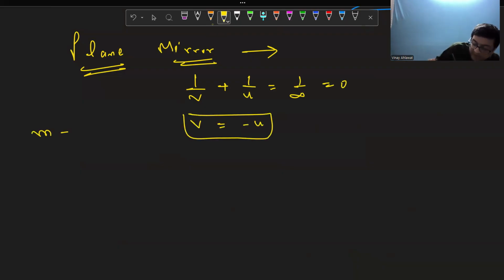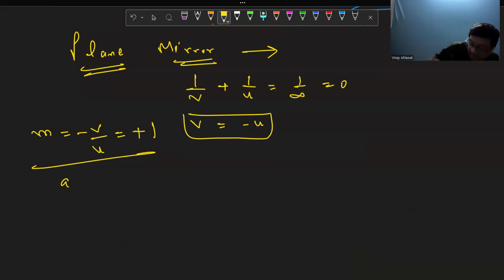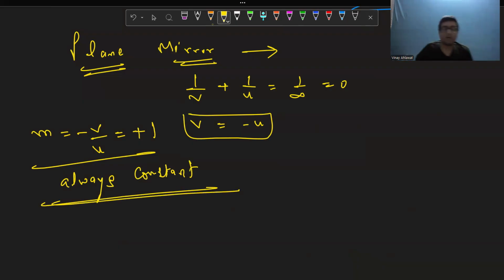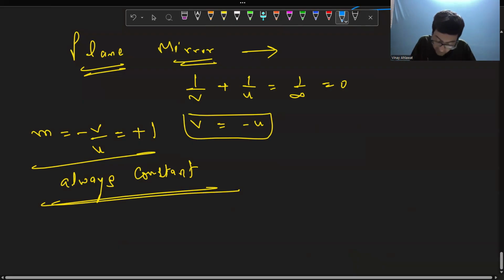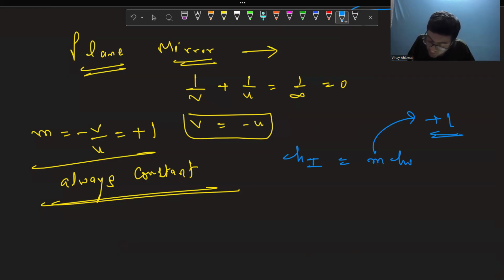Magnification was minus v by u, so magnification is +1 always, and it's a constant in plane mirror. Agreed? So your y-axis funda, hi is m ho, and m is a constant of +1. So this basically becomes hi is ho.